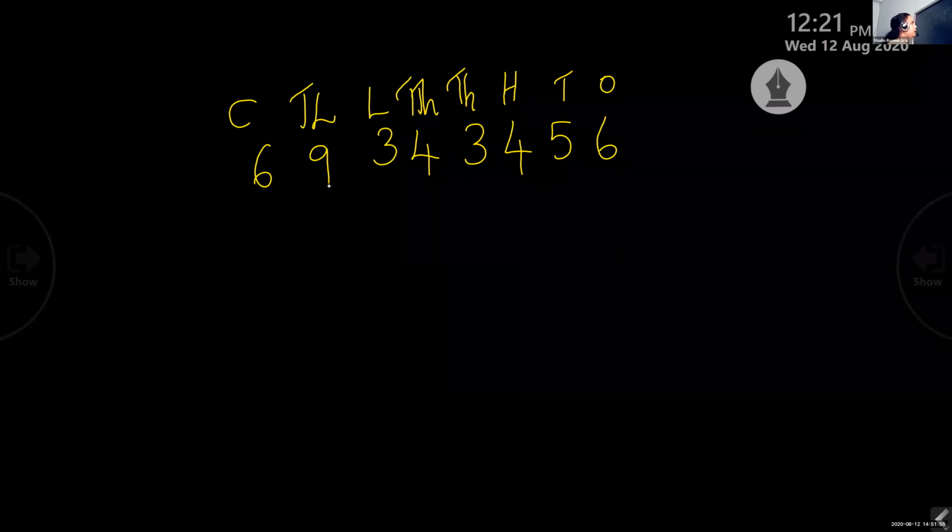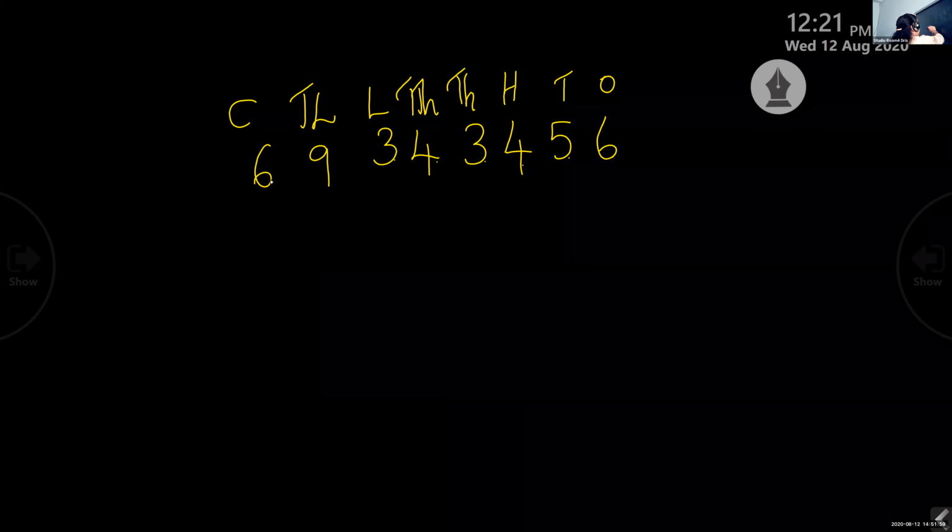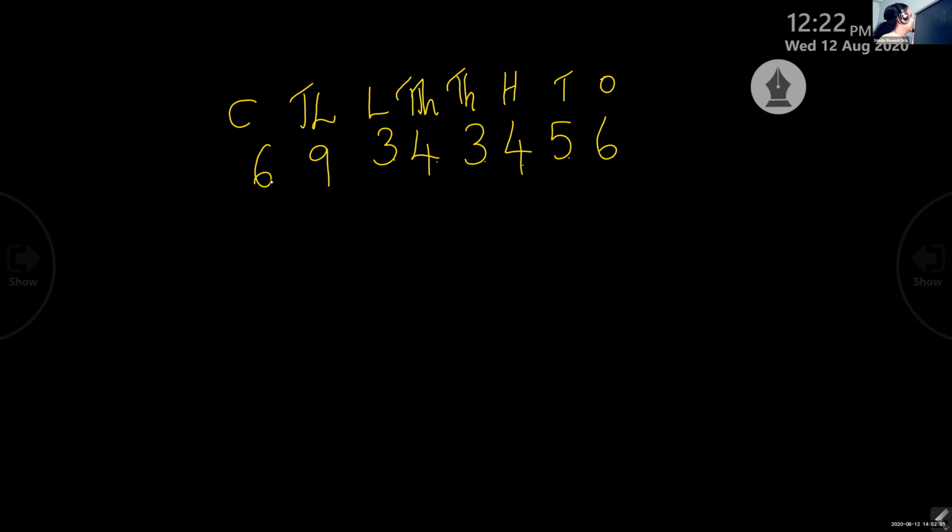How many digits are there? 1, 2, 3, 4, 5, 6, 7, 8. 8 digits. So that means crore. This number is 6 crore 93 lakh 43,456.